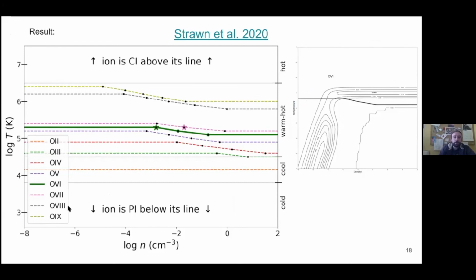And so if you change the ionizing background, these would move up and down, and you might get the points shifting around a little bit left and right. But the basic structure, that high ions are always going to be photoionized for much longer than low ions, is going to remain true, if that makes sense.